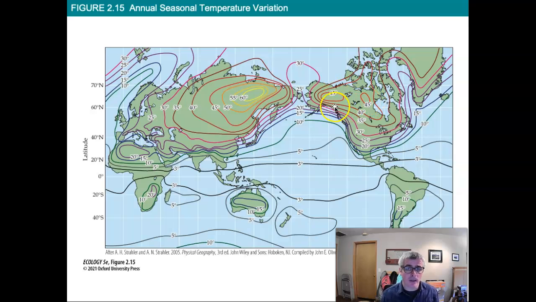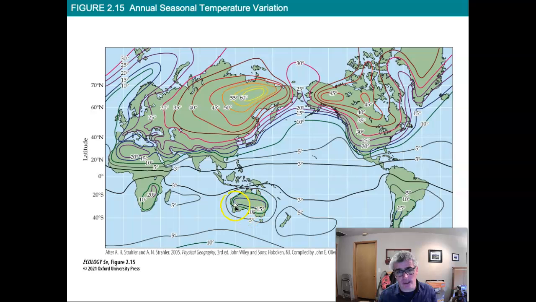So as we move closer, we can just draw a line from here over. If you just follow this latitude, at 65 across, you can have 10 degrees temperature variation all the way up to 60 degrees Celsius temperature variation, which is massive. All driven by variations of how close they are to oceanographic currents and what those oceanographic currents are doing.